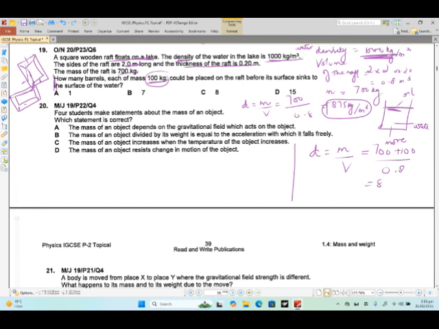So 800 by 0.8 gives 1000 kgs per meter cube.